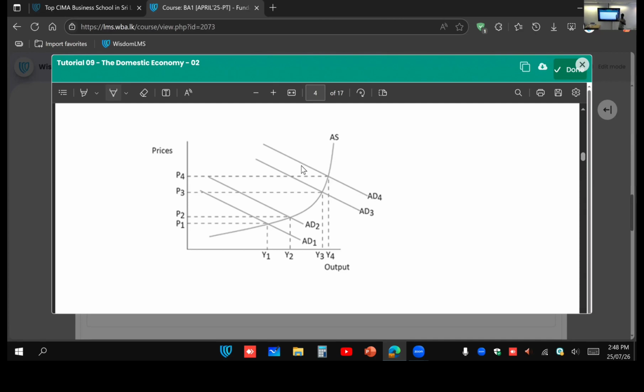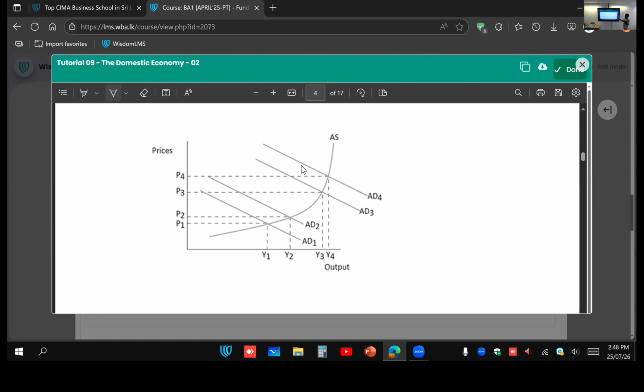So aggregate demand increased. How can you decide on that? Select one point, Y1, and select another point here. When it comes to this place, output has increased. So consider P1, Y1 as the initial equilibrium, and then P2, Y2 after the change in aggregate demand from AD1 to AD2. Look at the symbols, AD1 to AD2, aggregate demand changes.